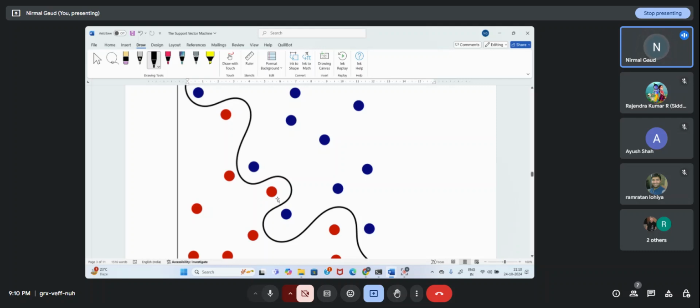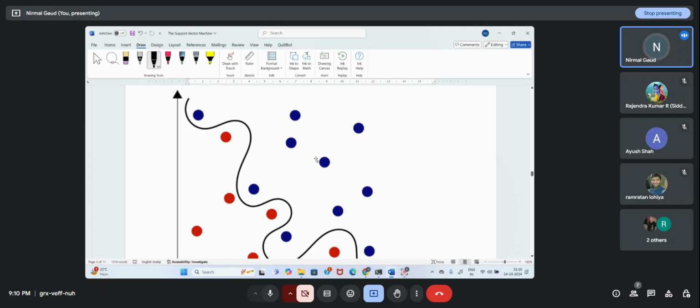So for non-linearly separable, I have to do something, then I can classify red from blue. Don't think that, sir, can we make a line like this? No, it's just a representation that your data is non-linearly separable. In order to separate, my support vector machine will use kernel trick.